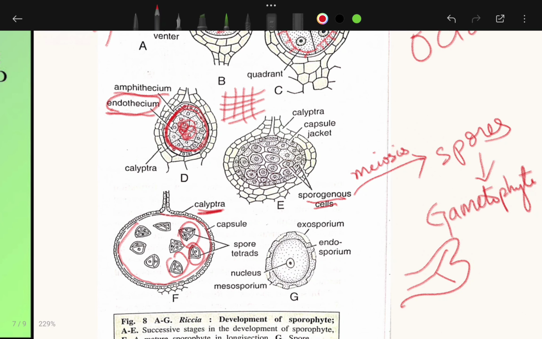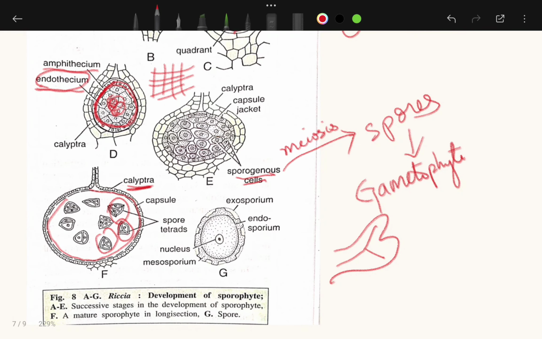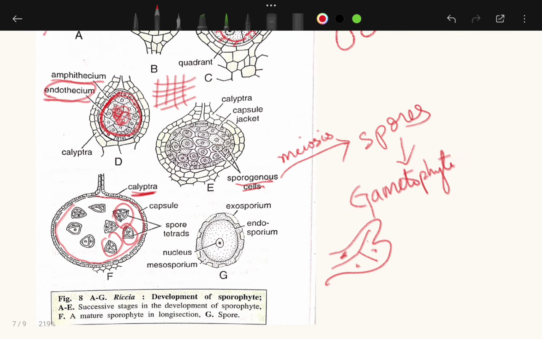This gametophyte plant body will produce sex organs on the dorsal part of the plant: the male sex organ, that is antheridium, and the female sex organ, that is archegonium. Then they will produce the male and the female gametes. They will undergo fertilization, and then the zygote will be formed.